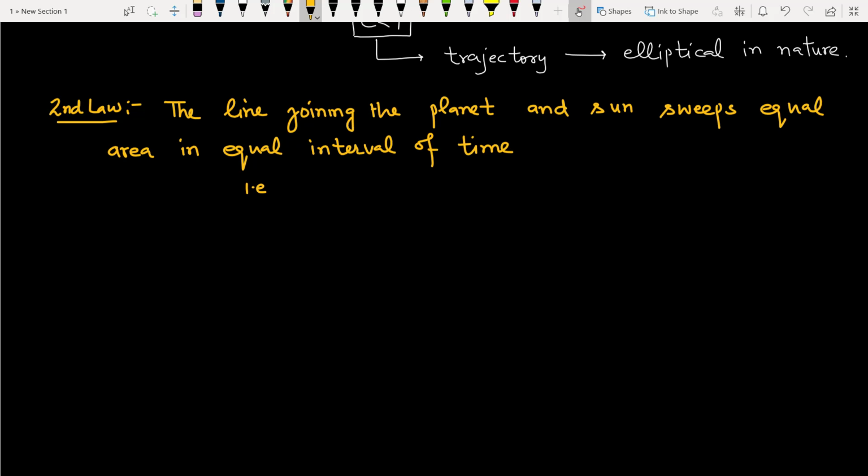That is, the areal velocity of the planet is constant.